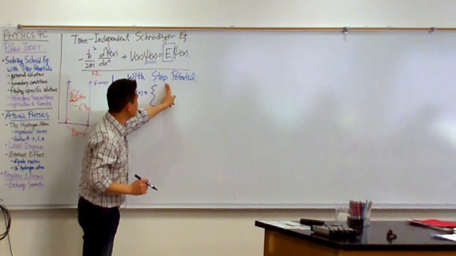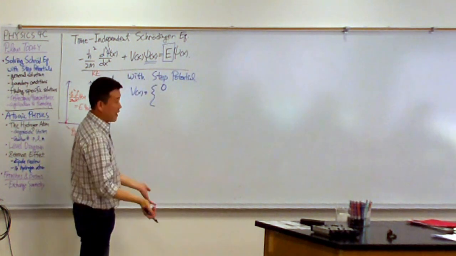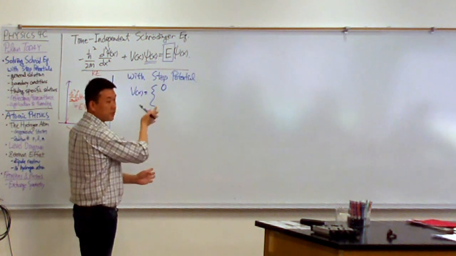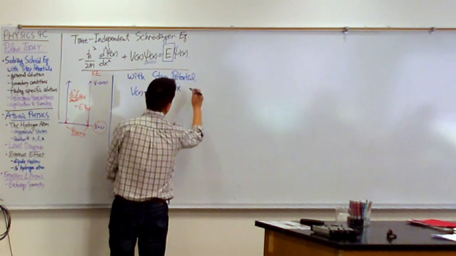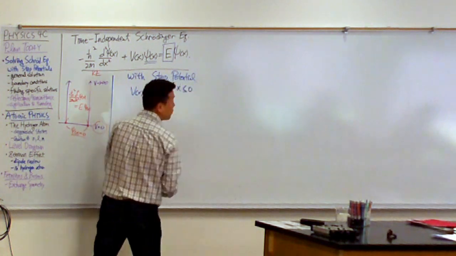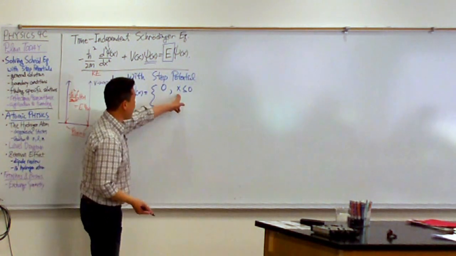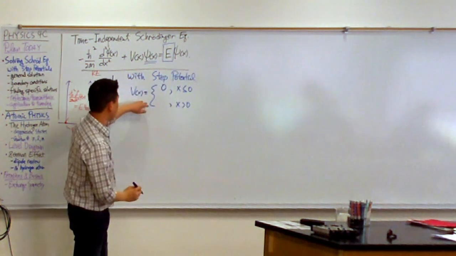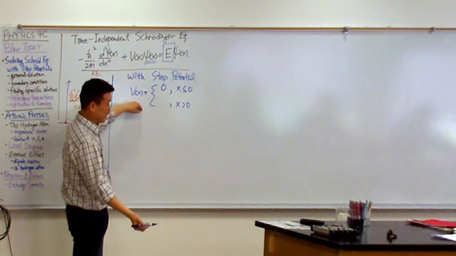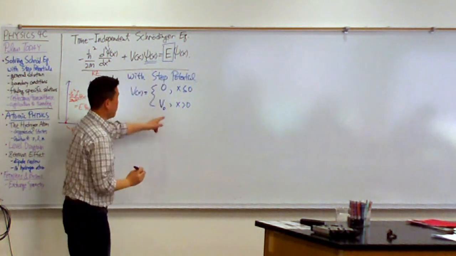Here's one simplest step. It can be 0 for all values of x below some particular value. Let's make things easy for ourselves, and say for x less than or equal to 0. And when x becomes greater than 0, the potential energy changes discontinuously, and it becomes some constant value V naught.